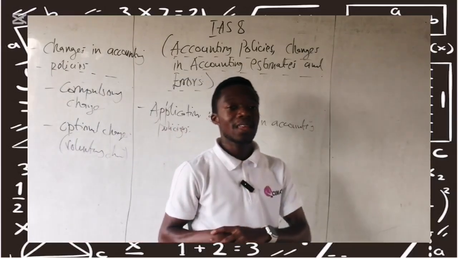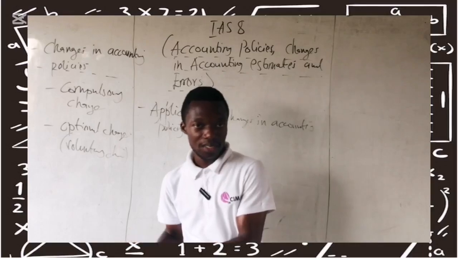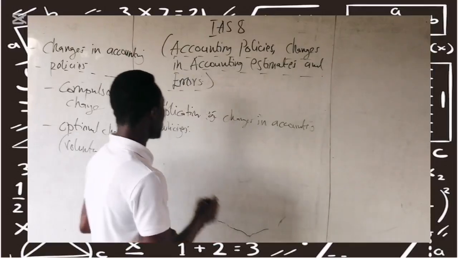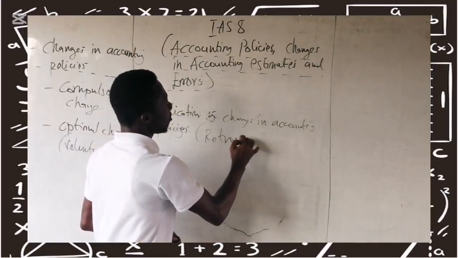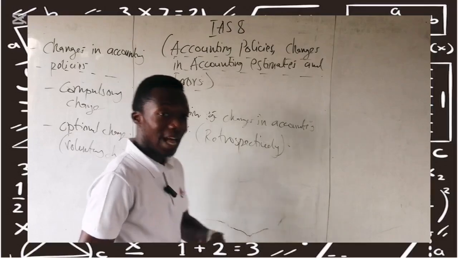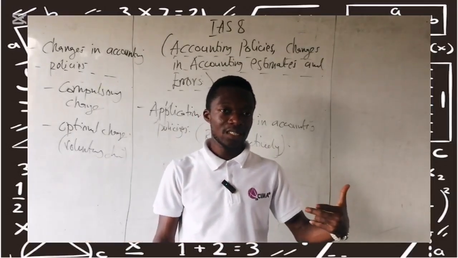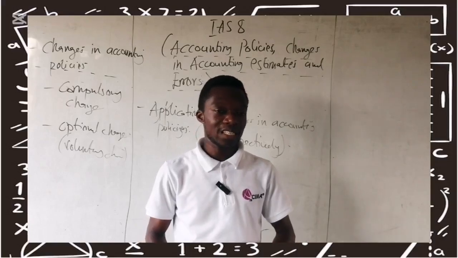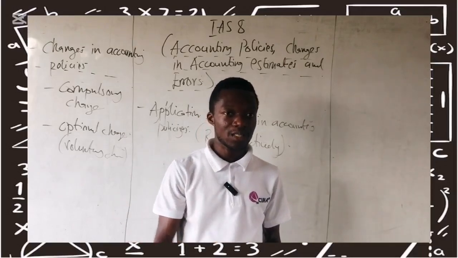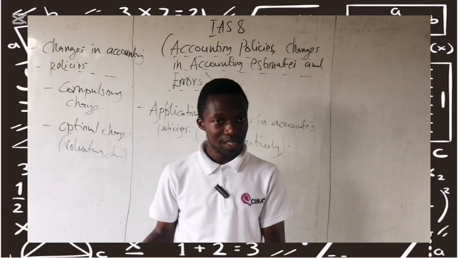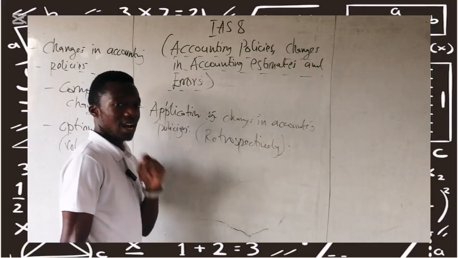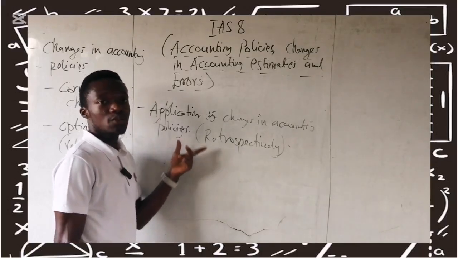We are saying that where there is a change in accounting policy, such change will have to be applied what we call retrospectively. That means the change should be applied to the previous financial statement and to the current financial statement, even in the future financial statements. That is what we mean by the application of changes in accounting policy: it is supposed to be applied retrospectively.